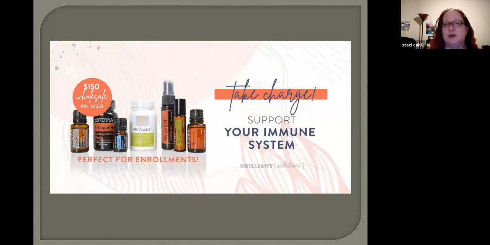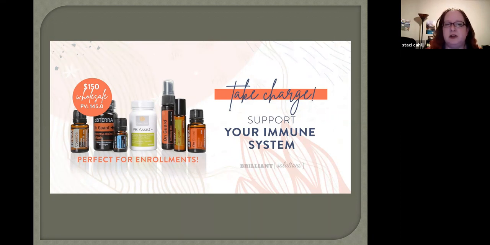This immune support system kit is powerful. Sorry, it has your On Guard essential oil, your On Guard sanitizing mist, and your On Guard soft gels. Those 3 are boosting your immune system like nothing you've seen.